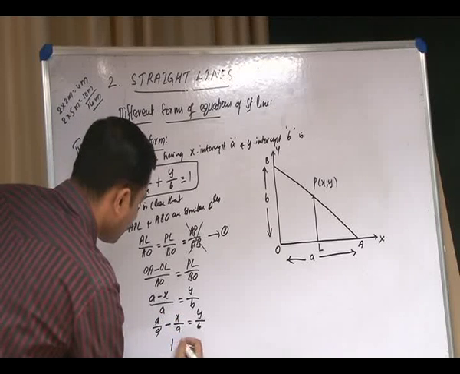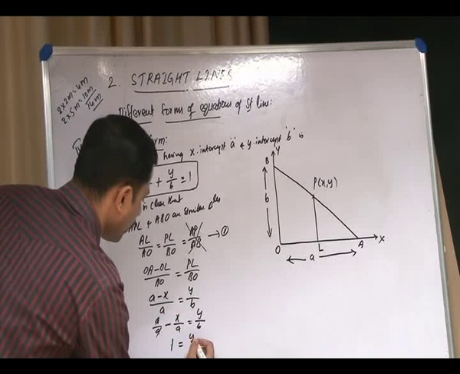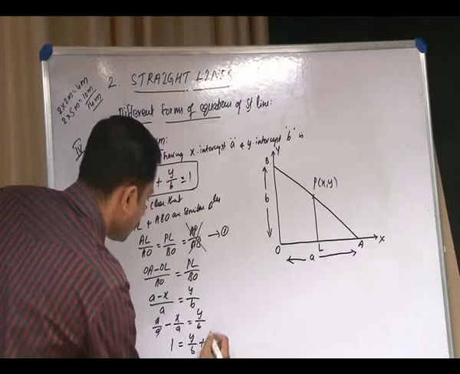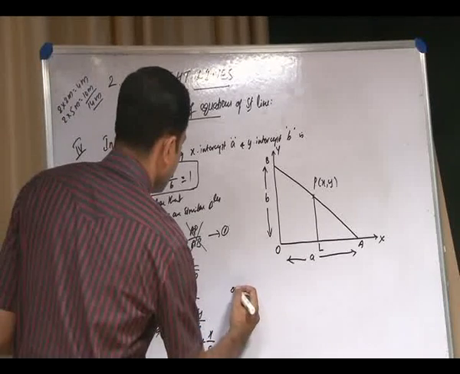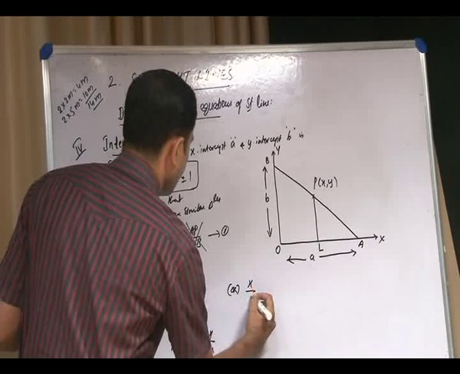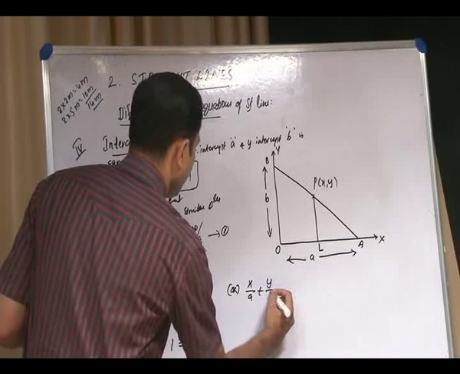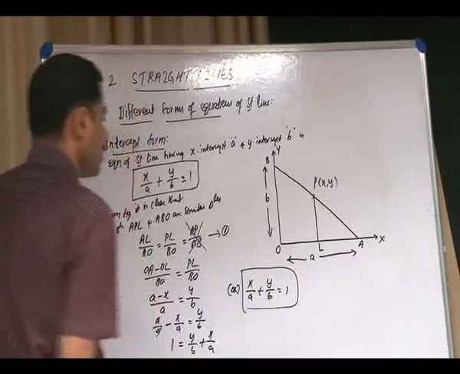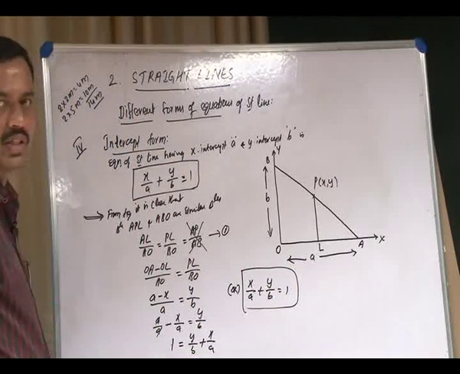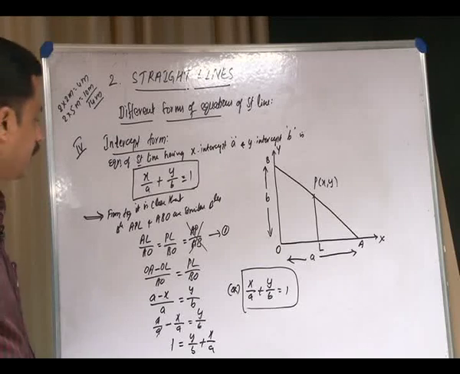So 1 is equal to y by b plus x by a, or you can write x by a plus y by b is equal to 1. This equation is called the intercept form of equation of straight line.